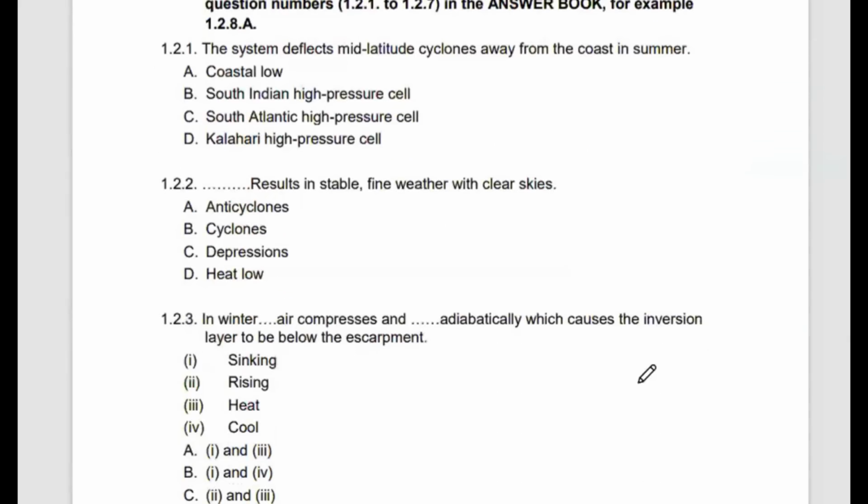We are looking at the multiple choice question. The first question is saying, the system deflects mid-latitude cyclones away from the coast in summer. What is that system?